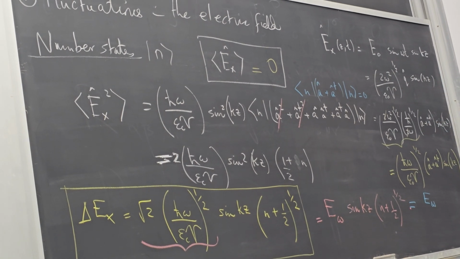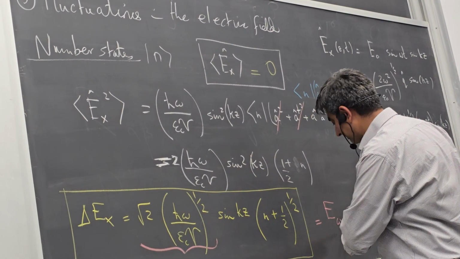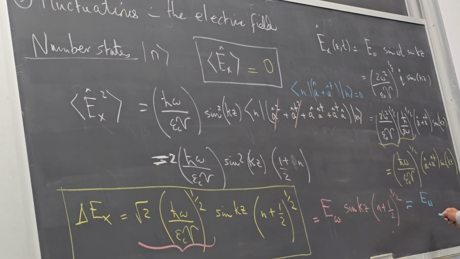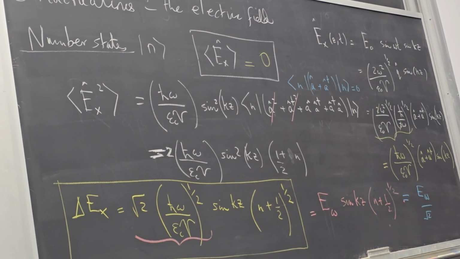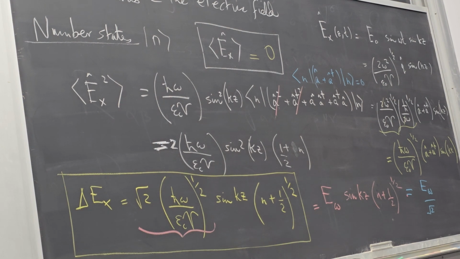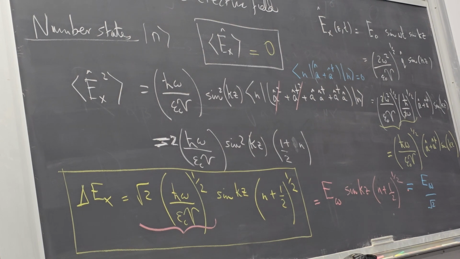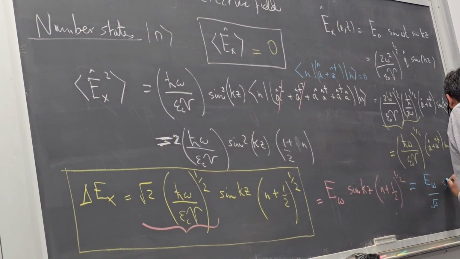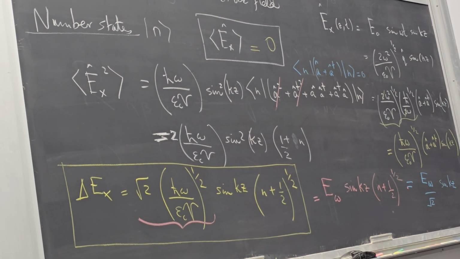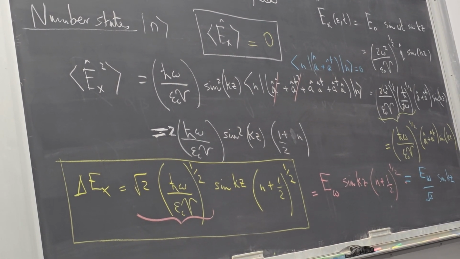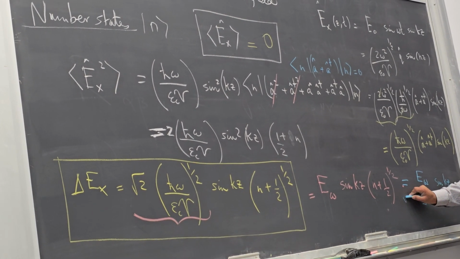So E omega and under root 2, or sine kz. So this is the uncertainty in the electric field in vacuum.